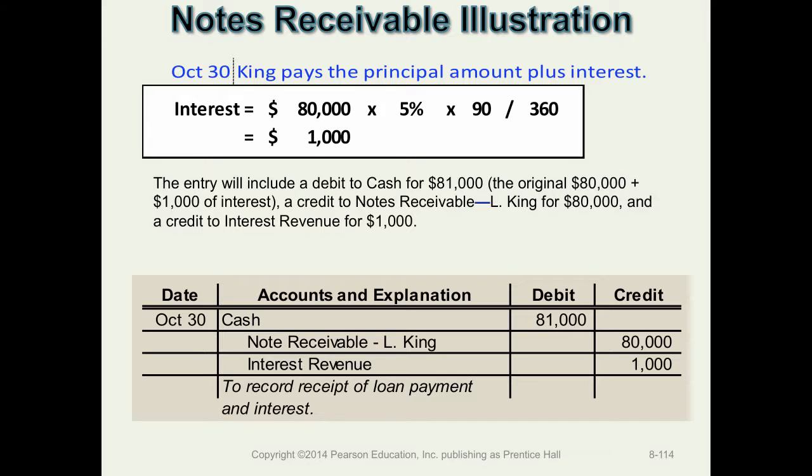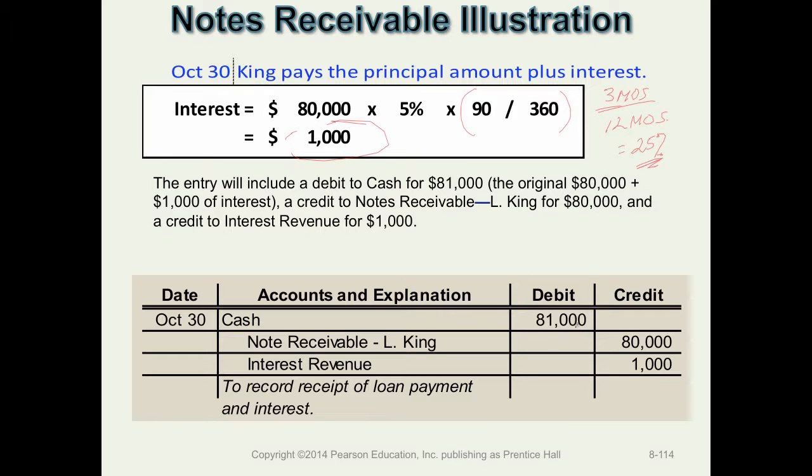The interest on the 90-day note, now we're using days, is going to be $80,000 principal times 5% times the fraction of the year that the note was outstanding. And by the way, we're doing this in days, but it's also 3 months, and you get the same result. Okay, it's 25% of a year, a quarter of a year. And that interest for the period the note's outstanding is $1,000.